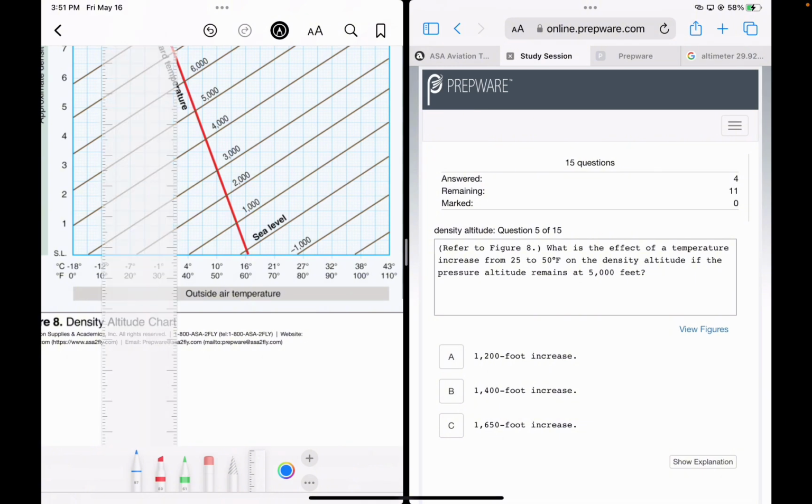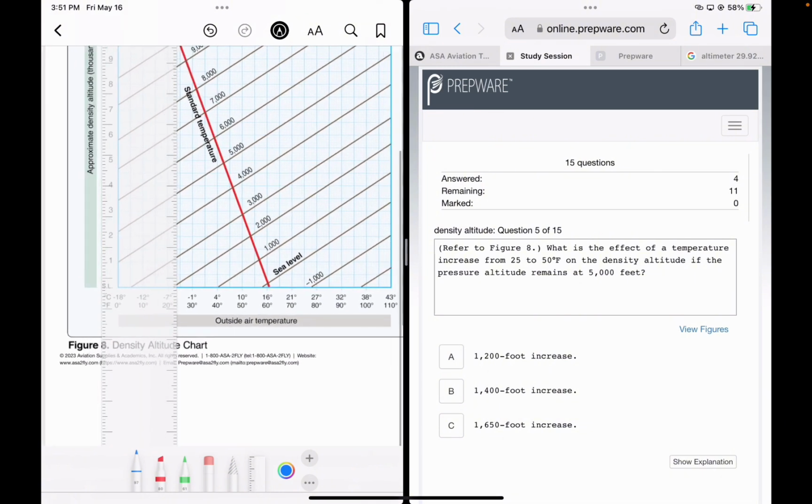I actually might need this ruler. This ruler might come in handy. So I'm going to put this ruler here on this 25 line. And then, do you see these lines that go here up to here? That is actually your pressure altitude. So this says pressure altitude is 5,000 feet.